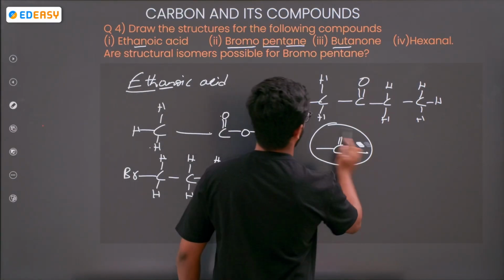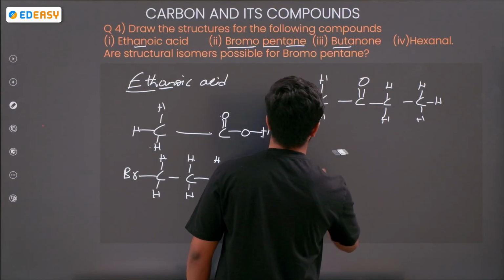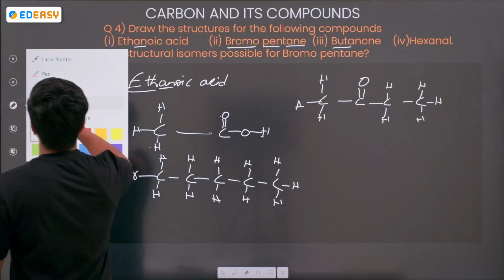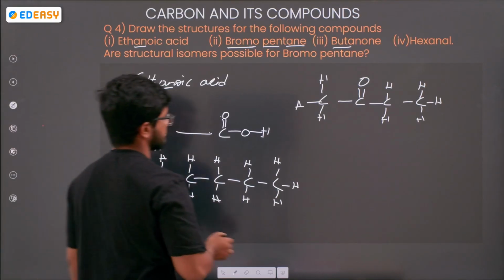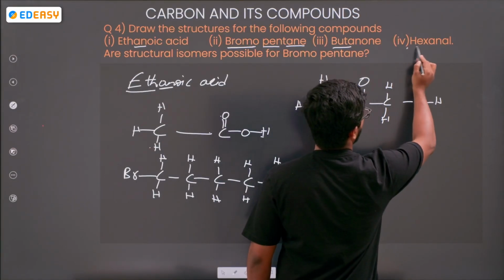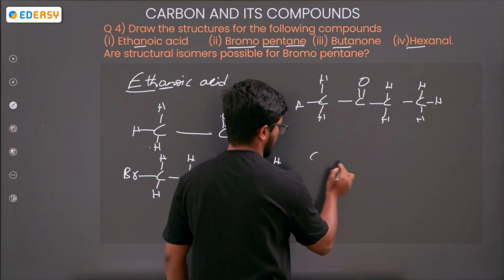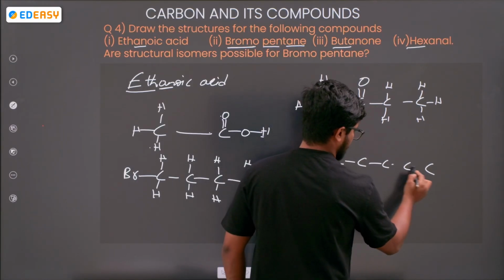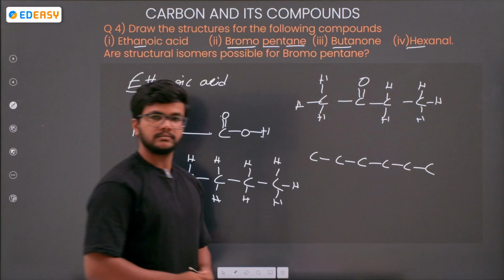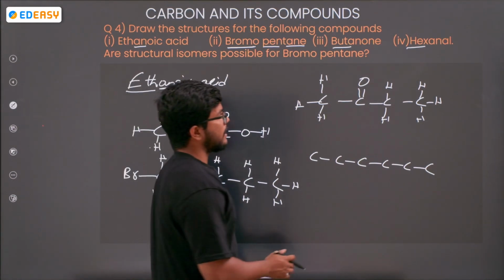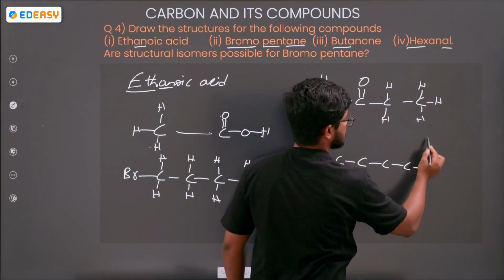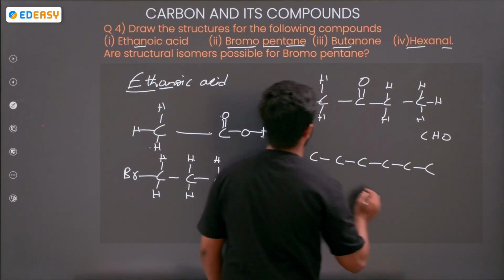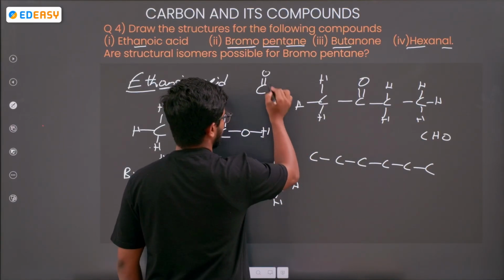Hexanol. Okay. What is hexanol? Hex means 6 carbons, 1, 2, 3, 4, 5, 6. Single bonded between the carbons, and ane is single bond. And al means CHO. CHO actual form will be C double bonded OH.